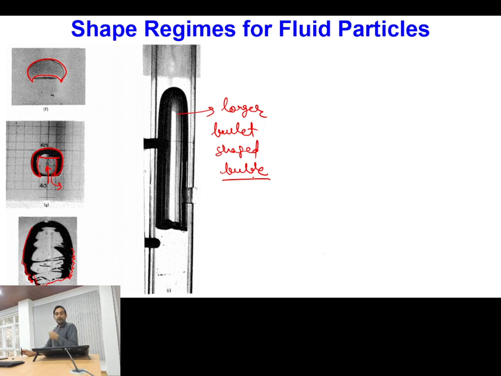So the bubble rises in the upward direction, and whatever fluid it faces ahead moves in the downward direction through the annular portion. Here the bubble is rising upward, but the liquid is moving downward.